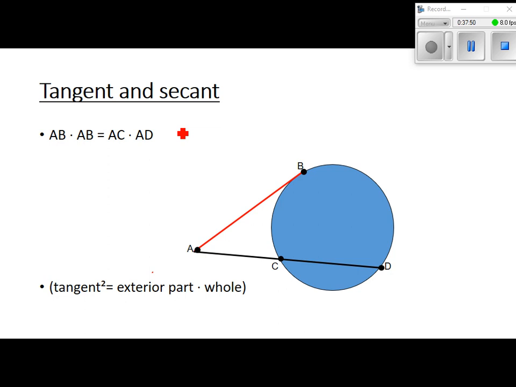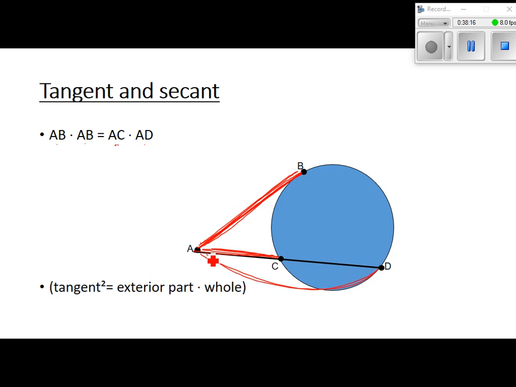Tangent secant, sort of the same thing, except for the tangent, you don't have a part that goes inside the circle. So it's just the tangent times itself. So AB times AB, and then it's the same for the secant. It's the outside part of the secant times the entire length of the whole secant.